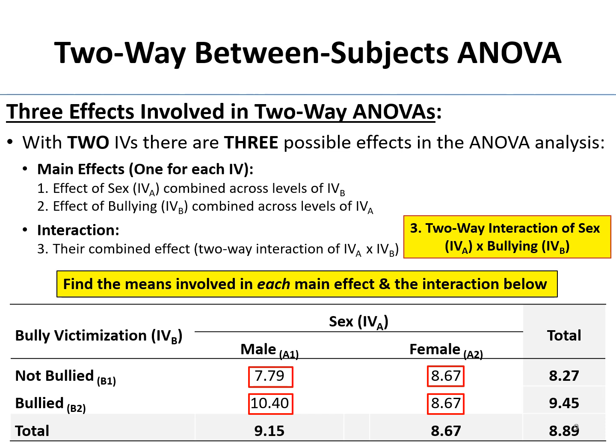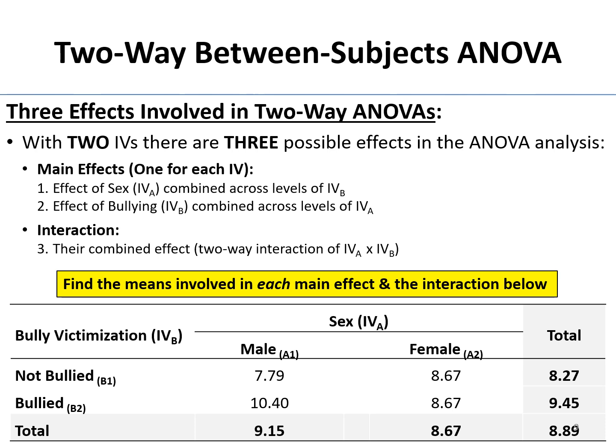So that first one is not bullied males, going to the right there. Then you got not bullied females, 8.67. Then you got bullied males, 10.40. And then you've got bullied females, 8.67. You might note those two means are literally exactly the same. They're both 8.67. So that's interesting. It is not a typo.